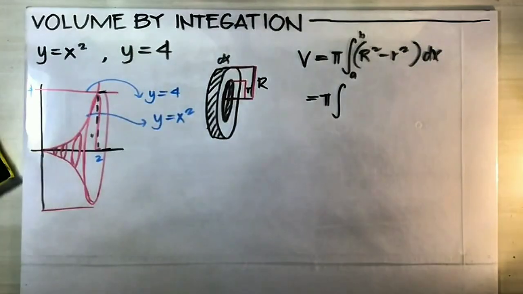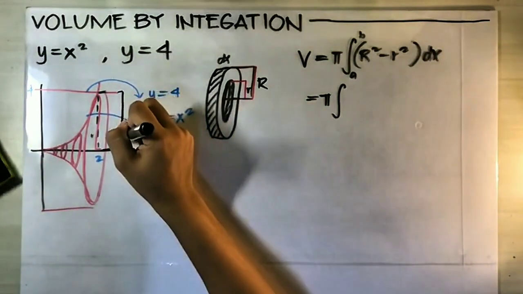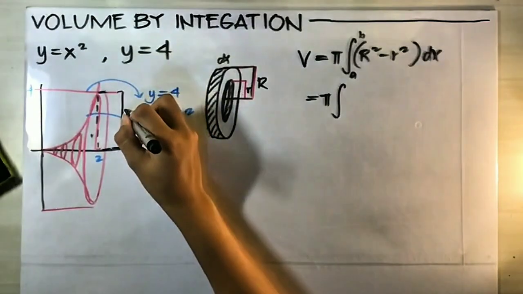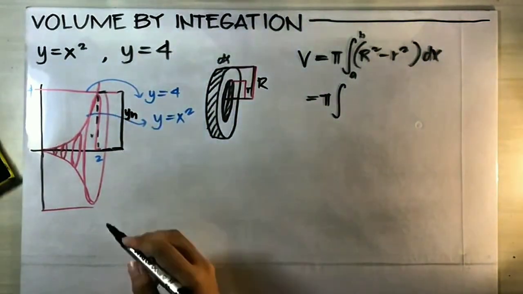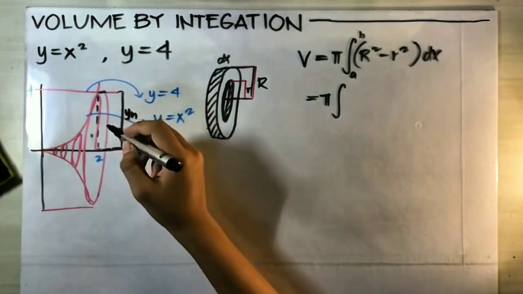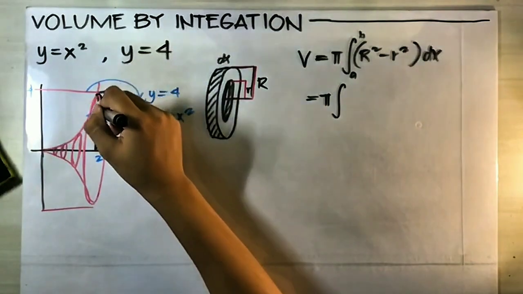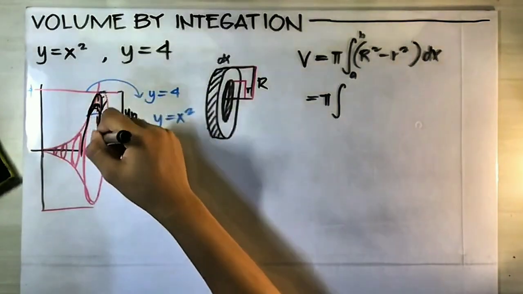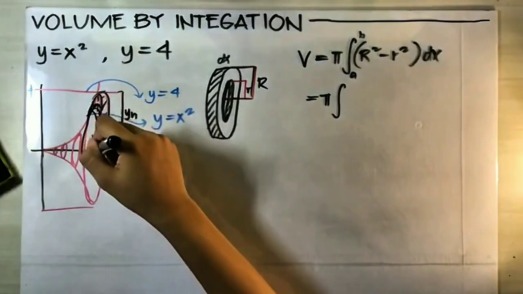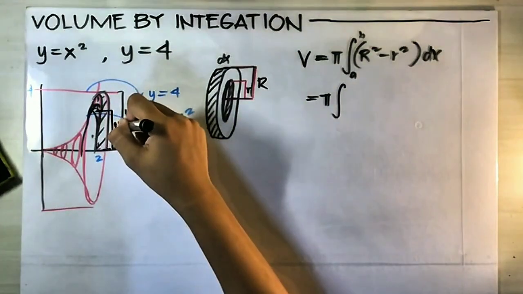As we discussed earlier in area, this y here is y high, right? And then this one here, if we put it into strips, like that, this one here is the y low.